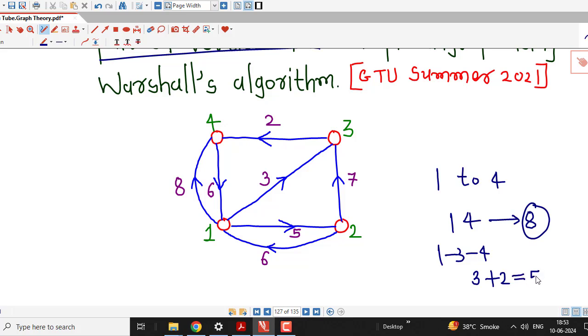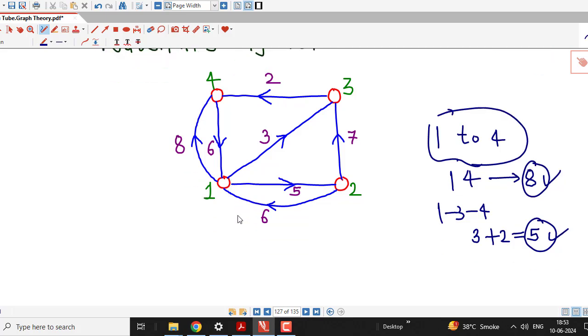So this is equal to 5. The path for which this sum of weights is minimum is called the shortest path between the given pair of vertices. Here for these two vertices from 1 to 4 we have seen two paths.